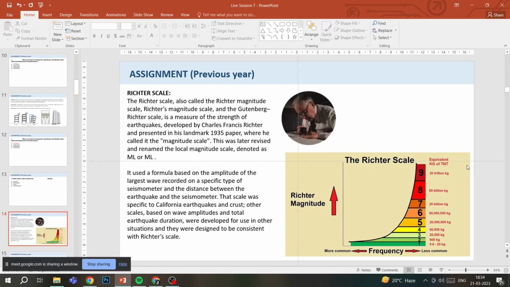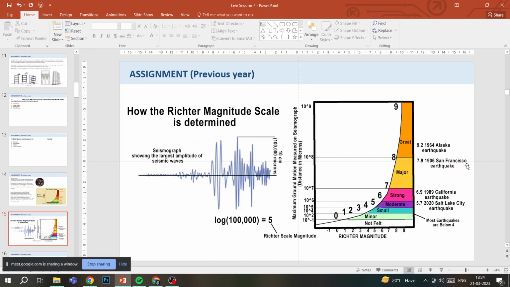This is a picture of Charles Francis Richter working with a seismometer, and then we have a diagram which shows how the Richter magnitude and Richter scale work. A seismograph is a graph which records the magnitude of the earthquake that is happening.